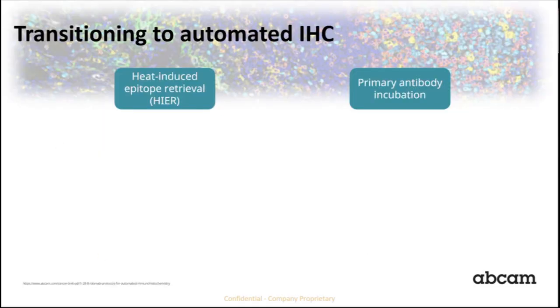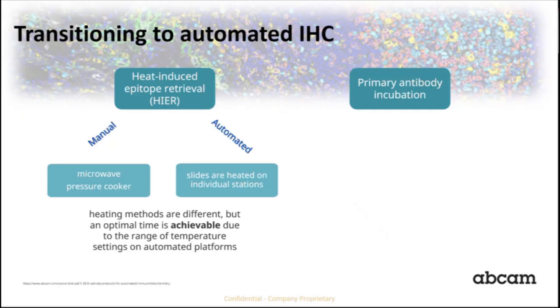So when transitioning from manual IHC to automated IHC, the two things that you would need to consider would usually be the heat-induced epitope retrieval method, as well as your primary antibody condition. In manual IHC, the antigen retrieval method usually uses a microwave or pressure cooker.